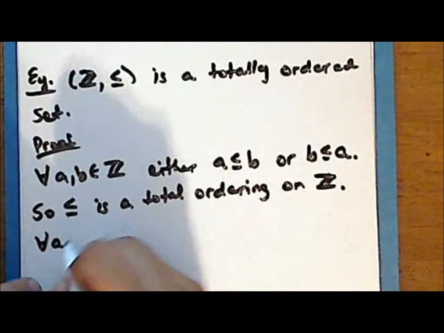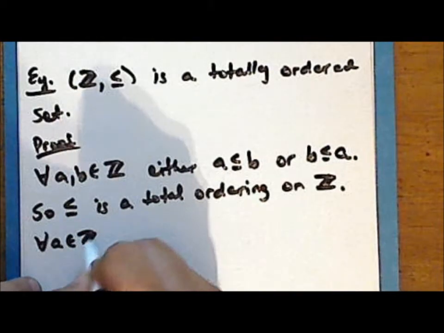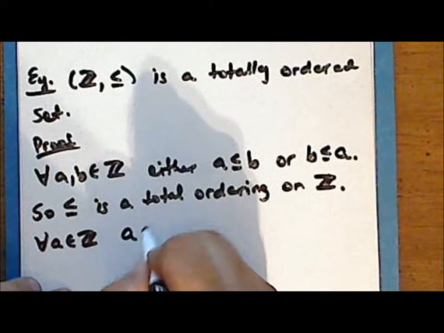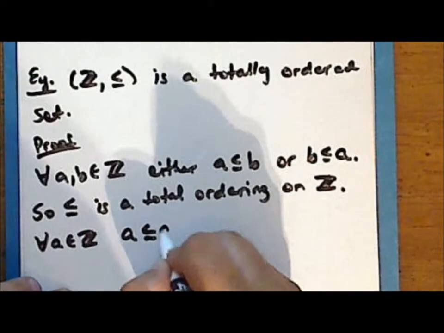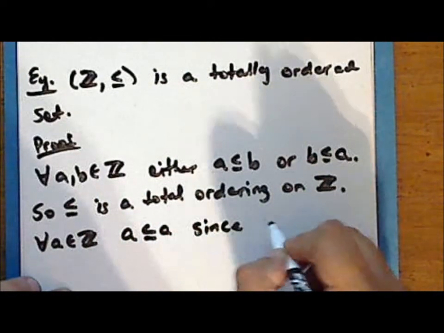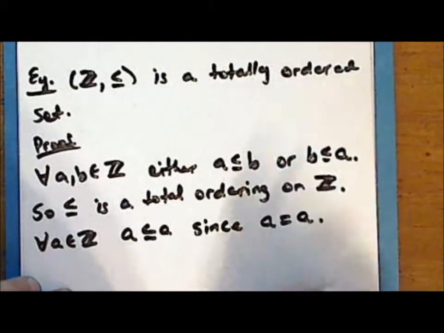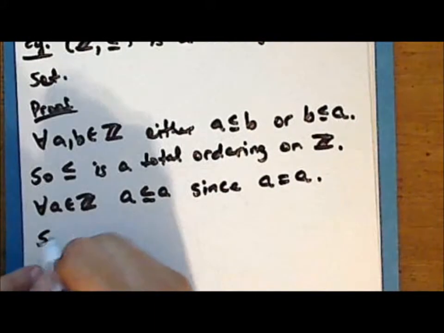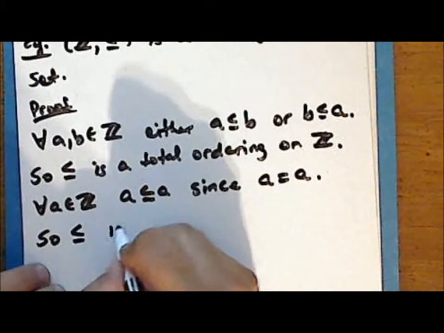Now for every integer a, it is true that a is less than or equal to a, since in fact a is equal to itself. And so the relation less than or equal to is reflexive.